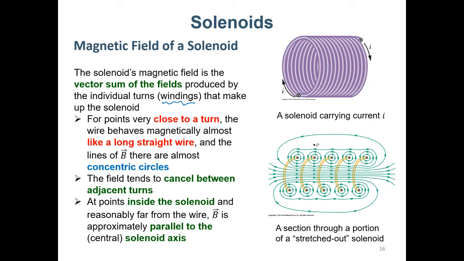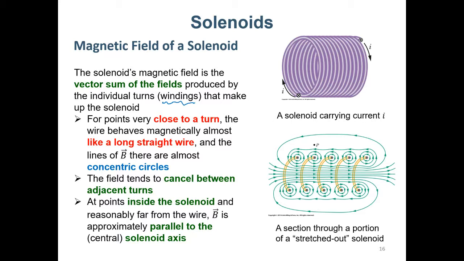And so most of the magnetic field in this direction will be cancelled, and the only magnetic field component will be pointing in that direction. Outside the solenoid, it is something like a magnetic dipole.